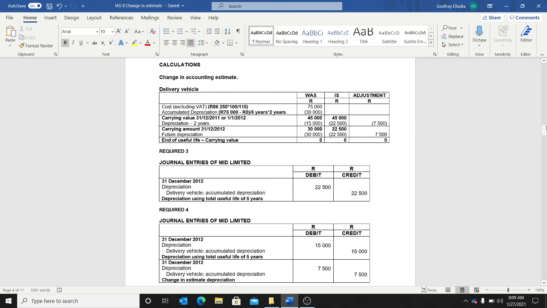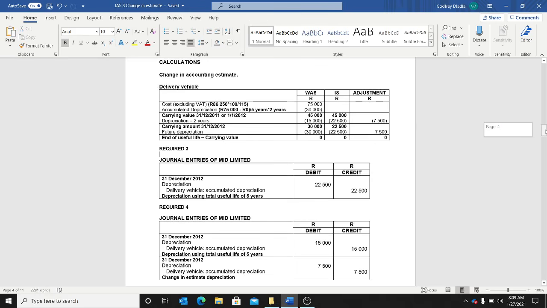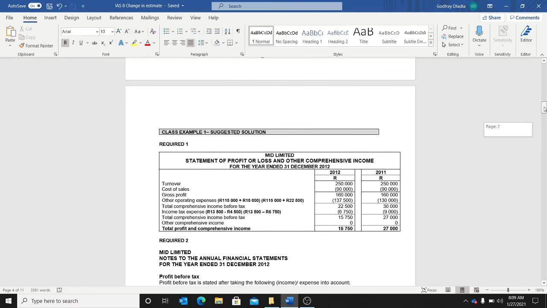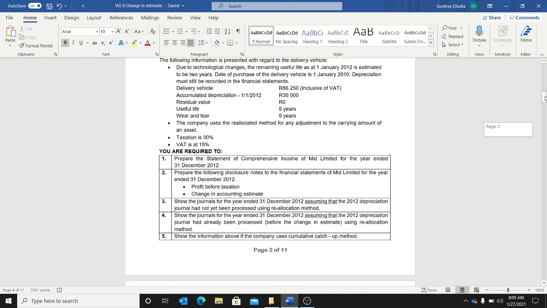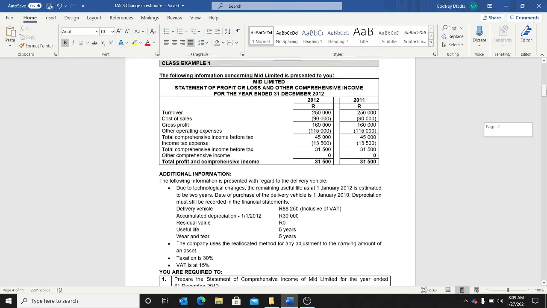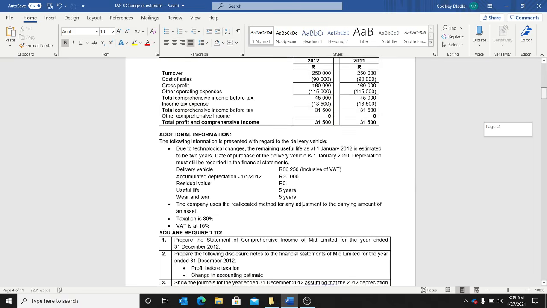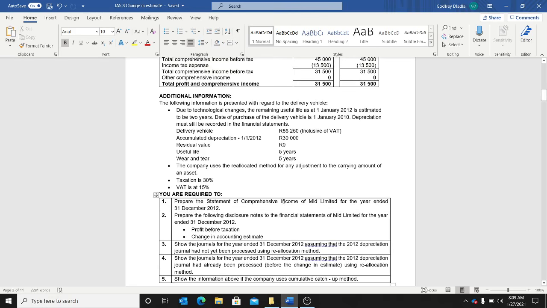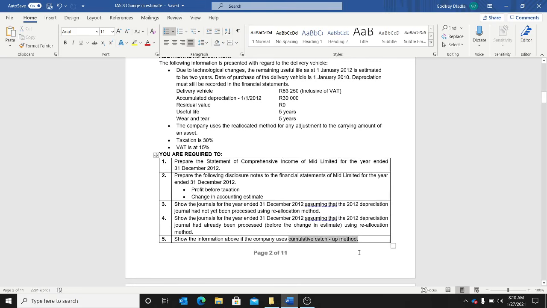So now, those basically are the calculations in relation to this asset. Now let's then try and factor these calculations in relation to this question here. Now guys, you must remember, for now I'm using this reallocated method. What I've just showed you now, the calculation is using this method. You'll see when we use this one how it differs to the one at the top.